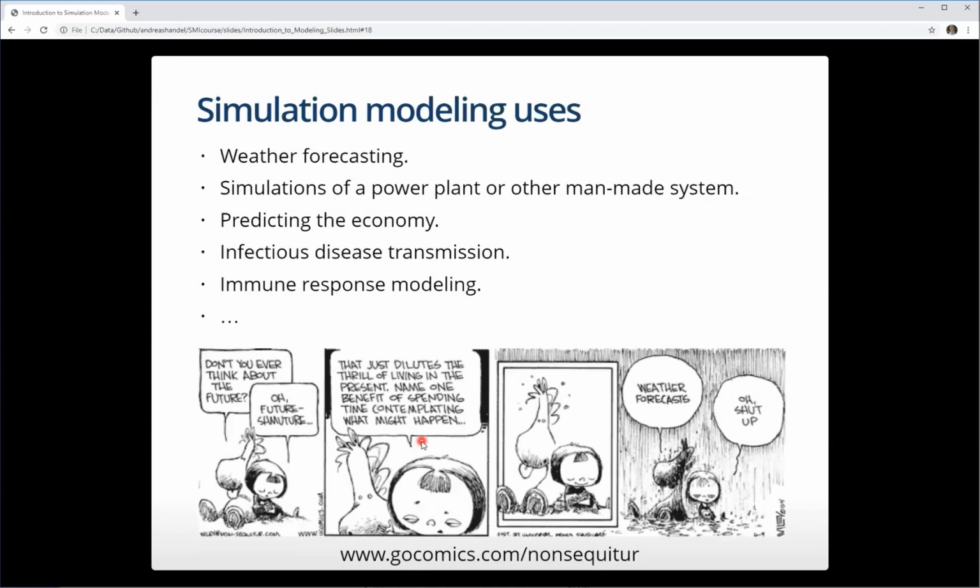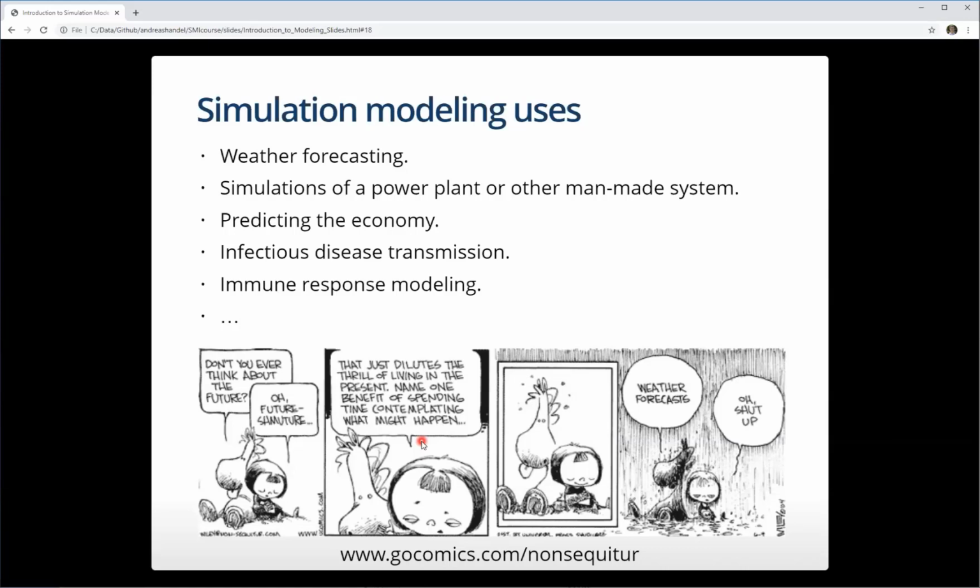Just to make it a bit broader, outside of immunology, these models are used in a lot of fields, especially fields where things are man-made. Engineering is a lot. Weather forecasting, so we kind of know the equations that drive the weather, so we can simulate them on computers and try to predict the weather. In economy, you can try to build models.